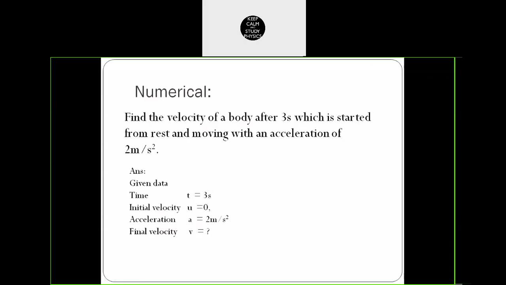We have three equations: v equals u plus at, s equals ut plus half at square, v square minus u square equals 2as. Out of these three equations, which one is helpful for us? Good, the first one. How do we know that equation is helpful?